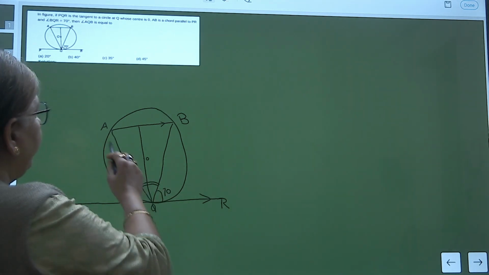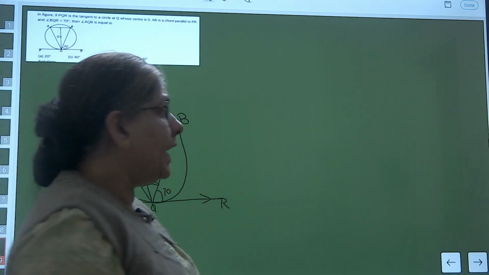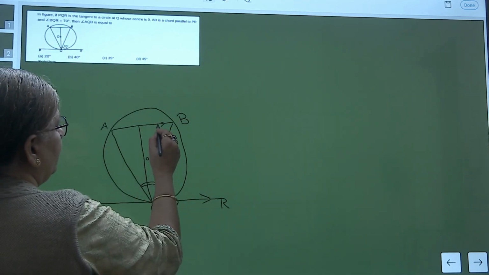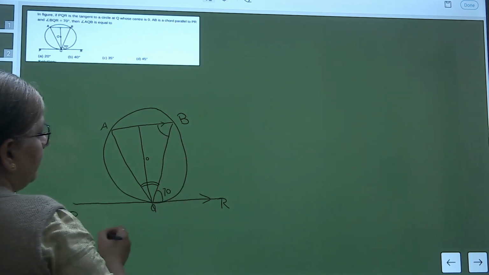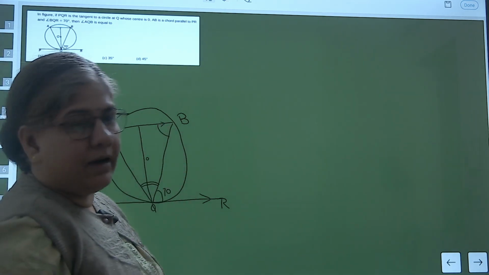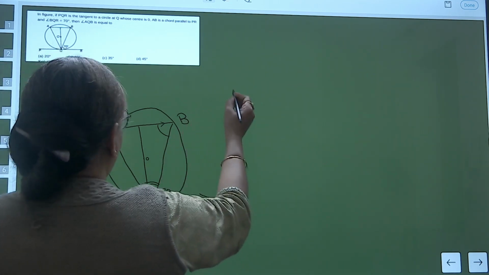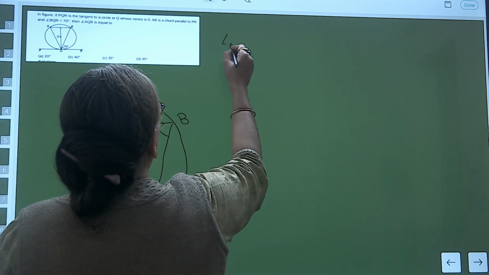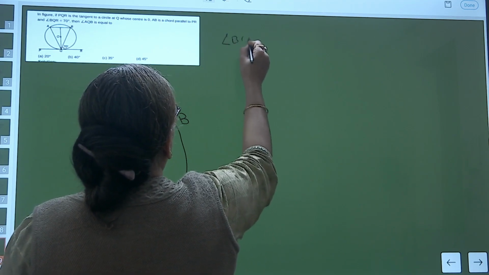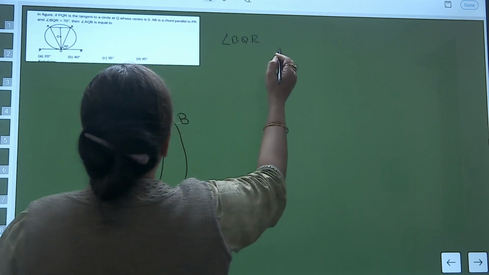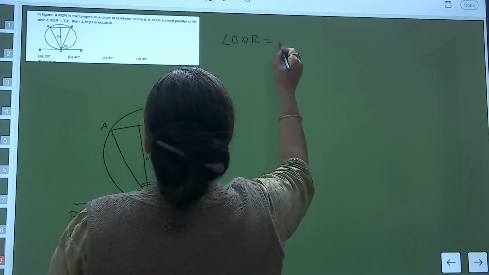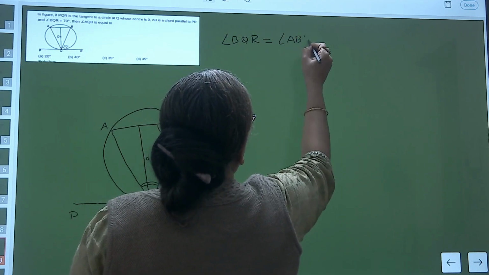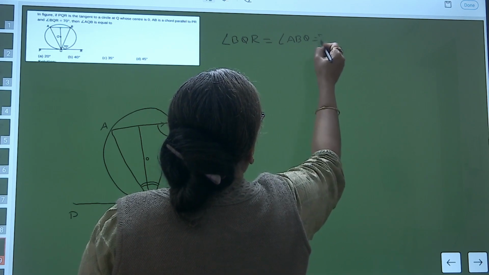Okay, so if AB is parallel to PR, then this angle 70 degrees is equal to this angle, because these are alternate interior angles. So we can write here angle BQR is equal to angle ABQ. ABQ is equal to 70 degrees.